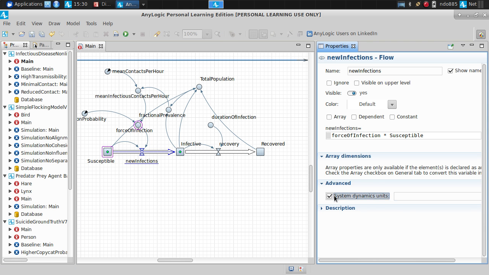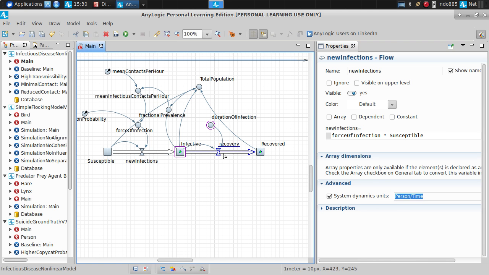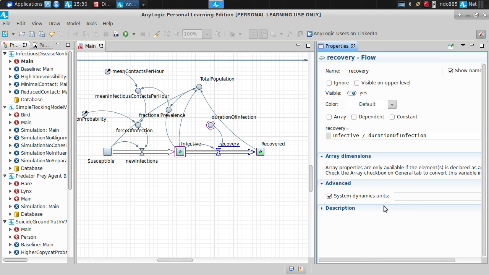So what does the flow have to be here? What's the dimension, not the unit, but the dimension of this flow? Person over time. And in fact, that's how AnyLogic likes to phrase it: person per unit time. So that's the units associated with that, and similarly, the units associated with this.